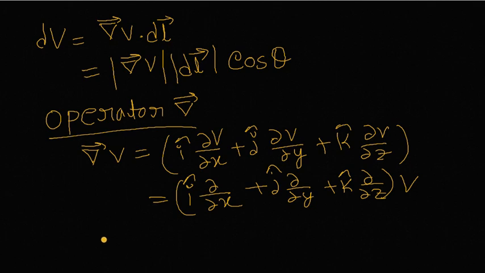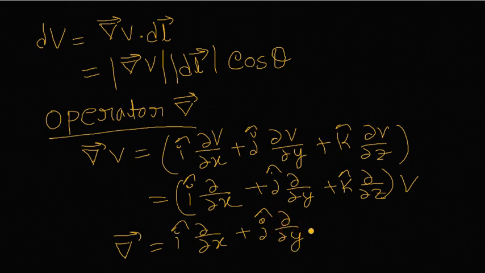So the operator del is equal to i cap del/del x plus j cap del/del y plus k cap del/del z.